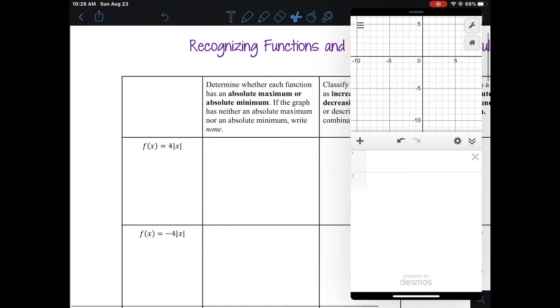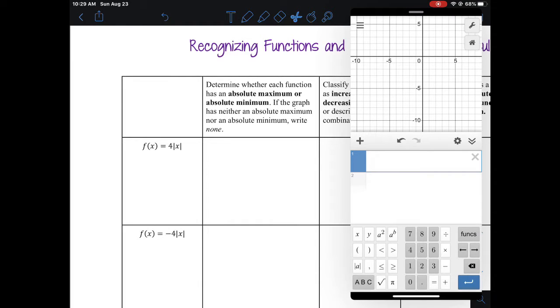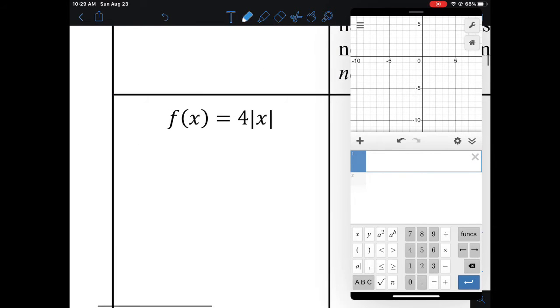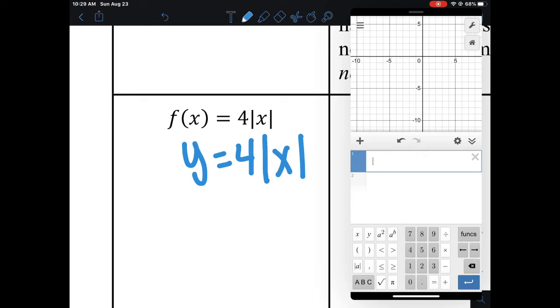Okay, so we are going to type into this first line. So click the first line, number 1, and I don't need to type in f of x. F of x is the same thing as y, if you're kind of confused. Y equals absolute value of x.